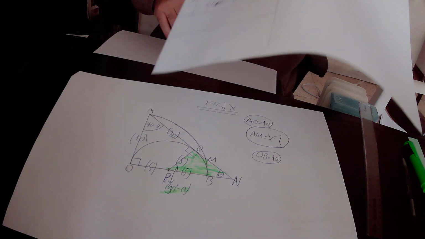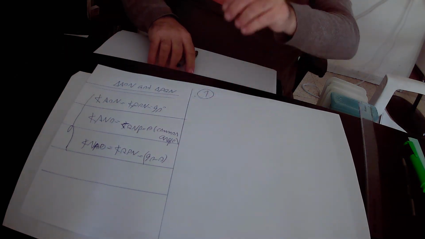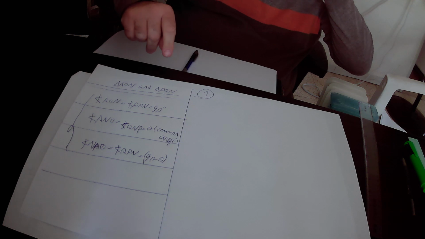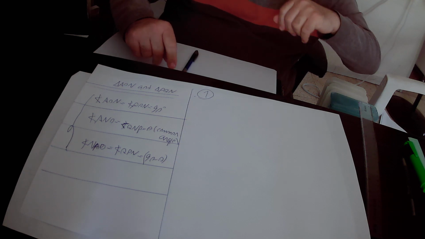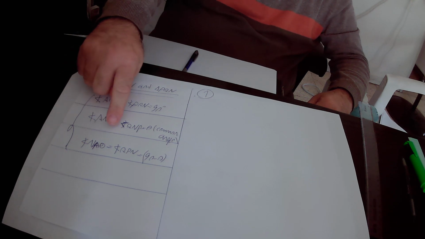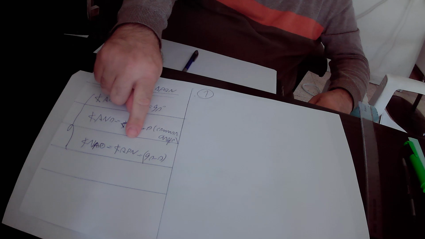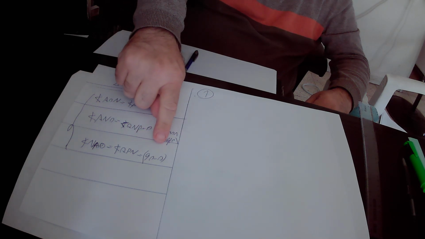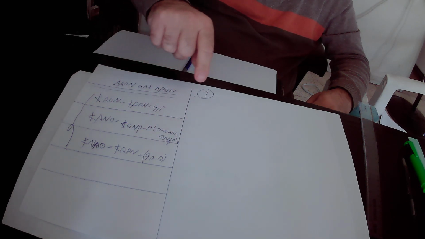Repeat again: angle NAO in the big triangle AON equals angle QPN in the green triangle. They are both equal to 90 degrees minus theta, and therefore they are equal to each other.